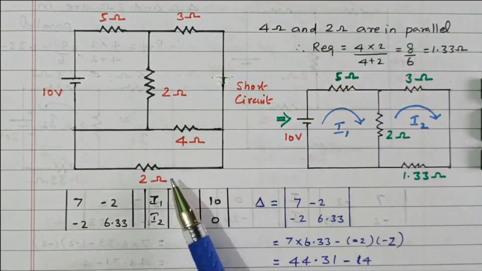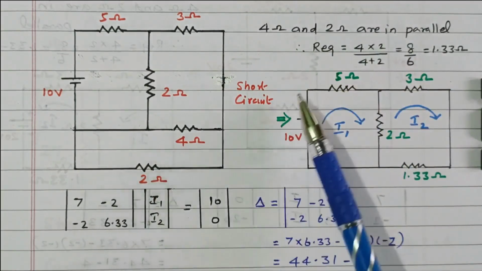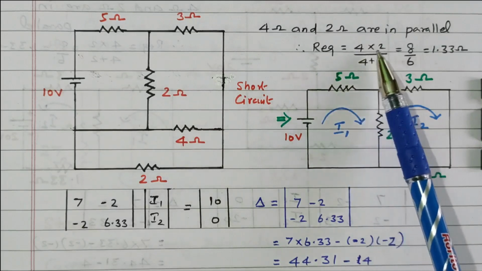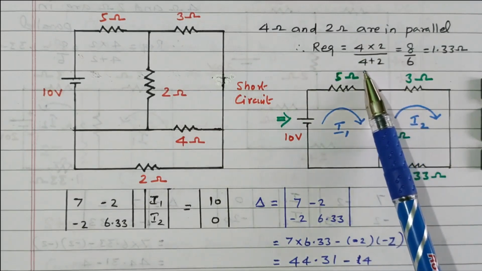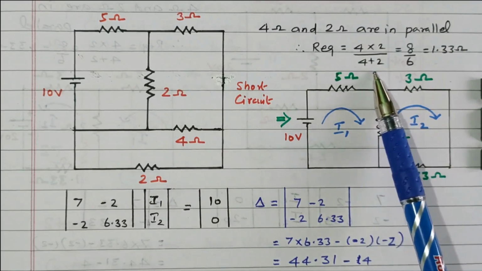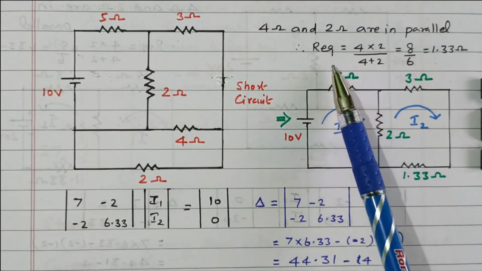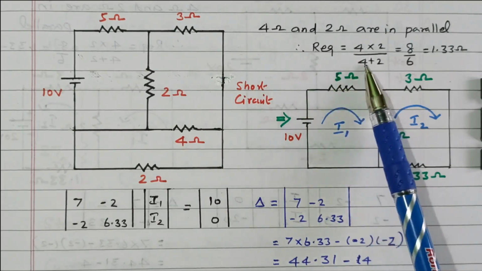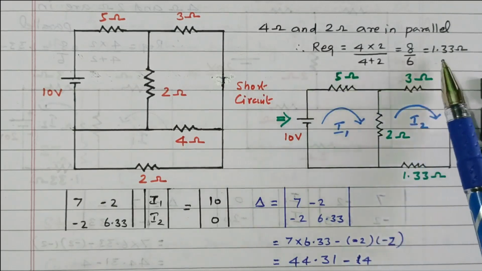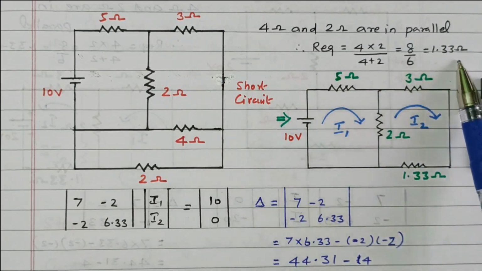So we can find the equivalent resistance. R equivalent is 4 into 2 divided by 4 plus 2, that is R1 R2 divided by R1 plus R2, the equation for two resistors in parallel. So 8 divided by 6 is 1.33 ohm.